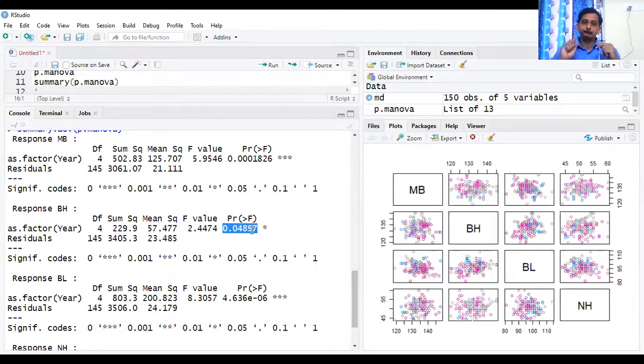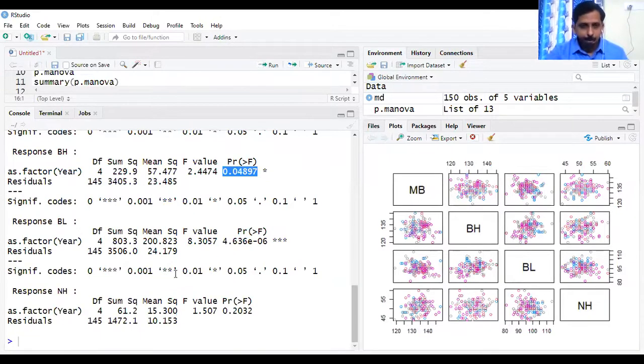Now the p-value for comparison in the pairwise test is 0.01. Definitely there the height might satisfy that there is no average difference in height across different pairs of years. Hope you understand this output.